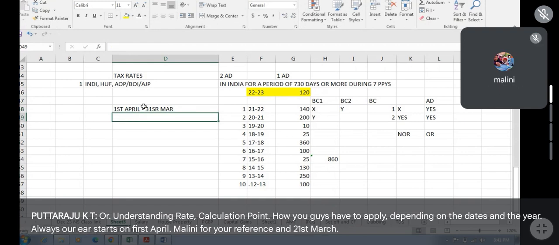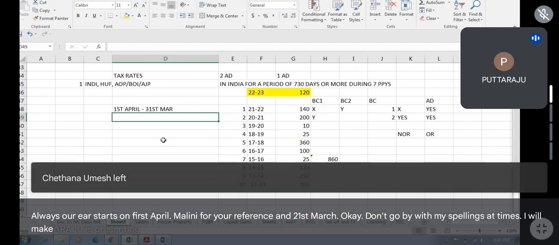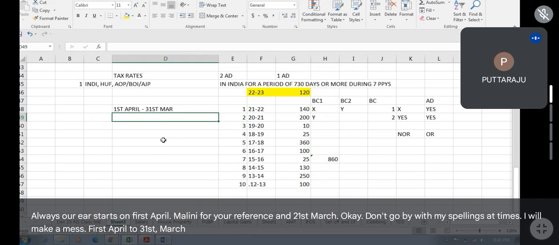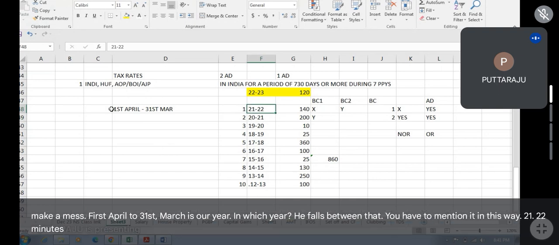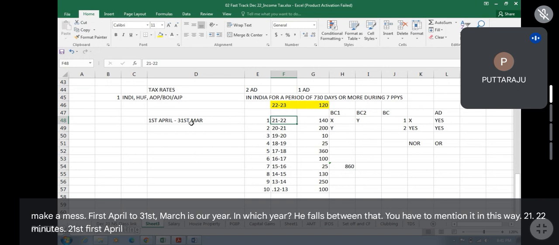Don't go by my spellings, at times I will make a mess. 1st April to 31st March is our year. In which year he falls, you have to mention it in this way. 21-22 means 1st April 21 to 31st March 22.